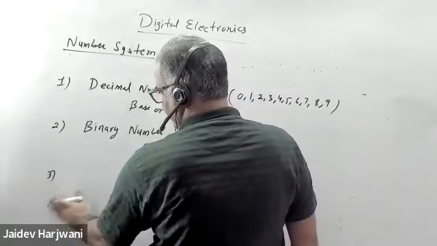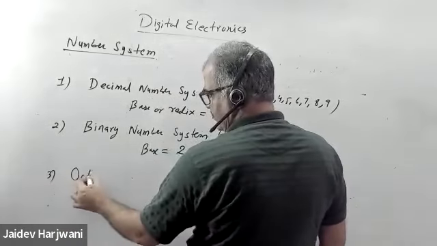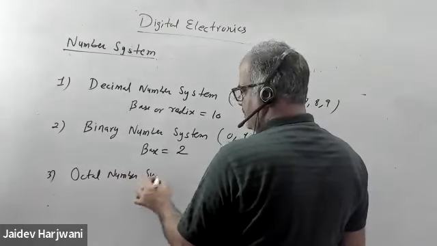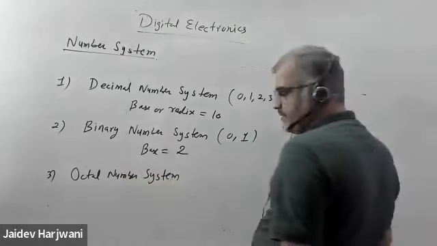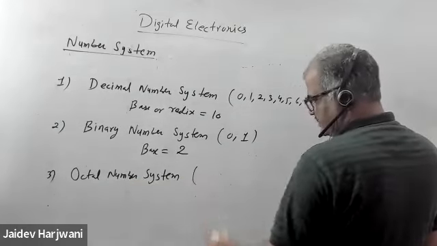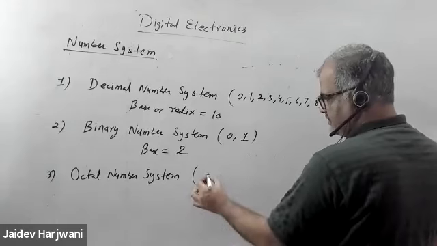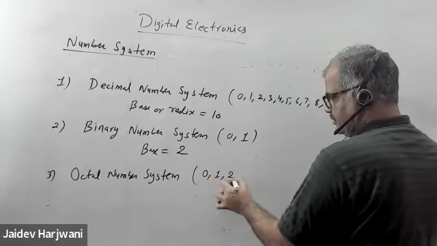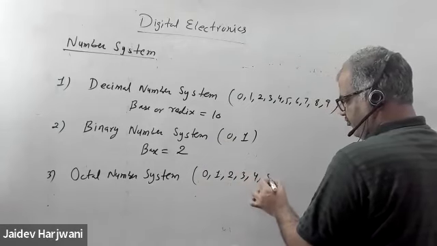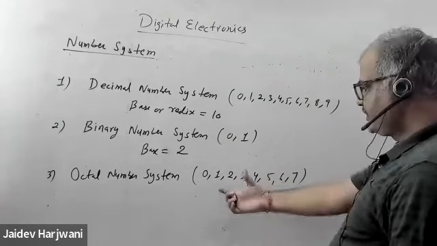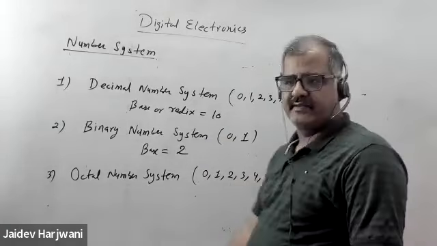The third number system is the octal number system. Octal means 8. This number system has 8 digits or 8 symbols to write any number: 0, 1, 2, 3, 4, 5, 6, 7.